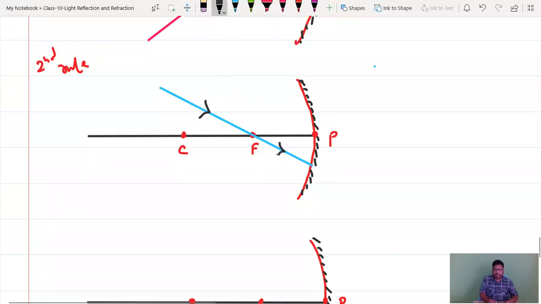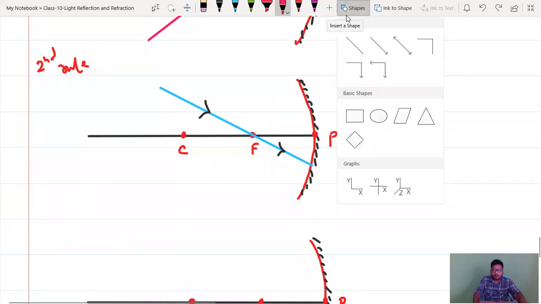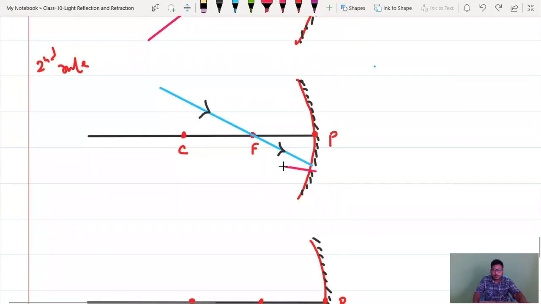After touching the mirror, the reflected ray will be passing parallel to the principal axis. That is the concept we have to understand.